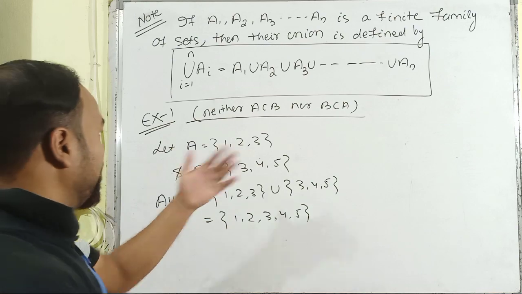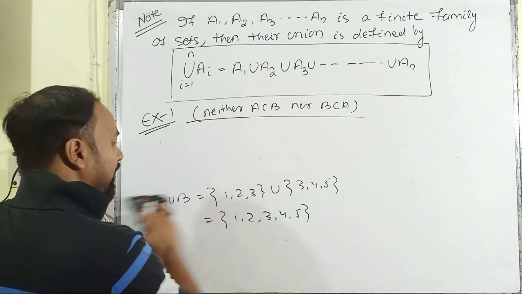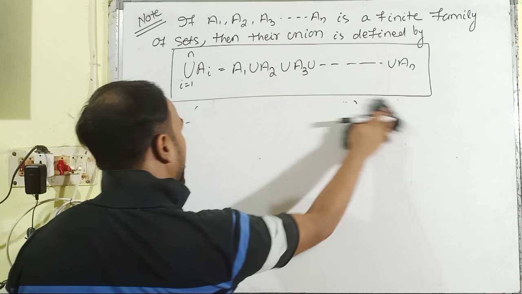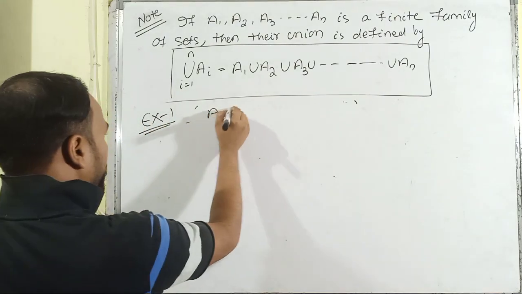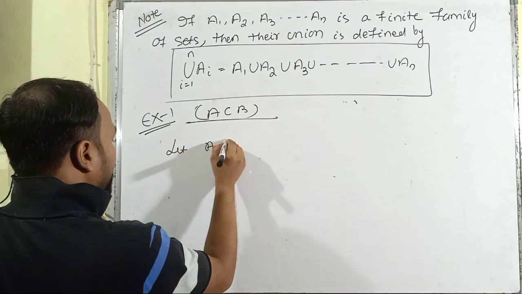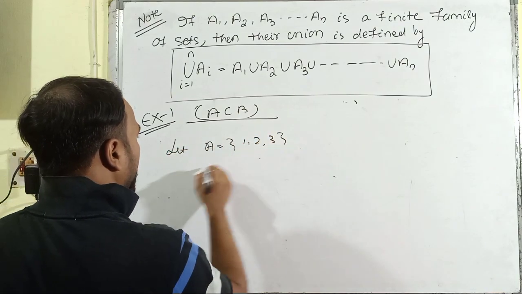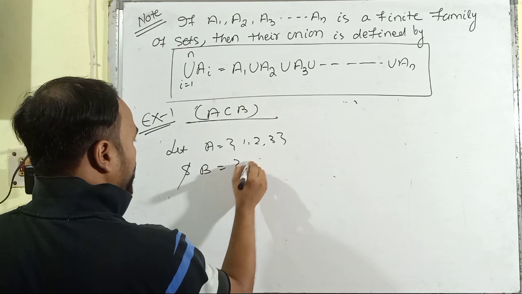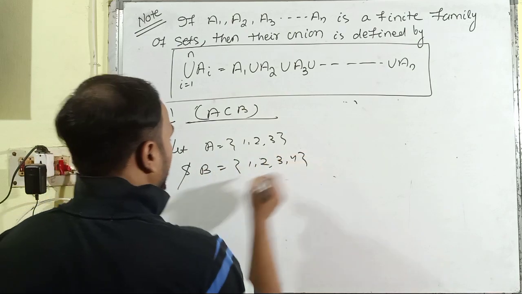Then moving towards the example based upon the second type, where one set is a subset of another set. Suppose set A is a subset of set B. Let set A be equal to {1, 2, 3} and set B be equal to {1, 2, 3, 4}.